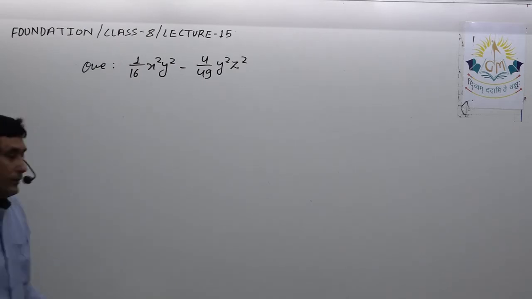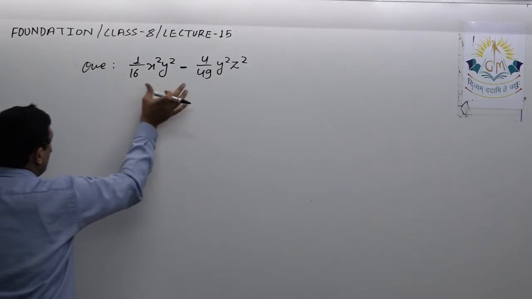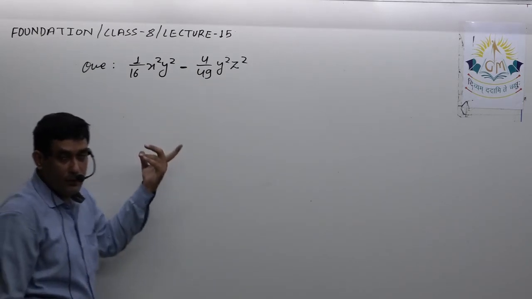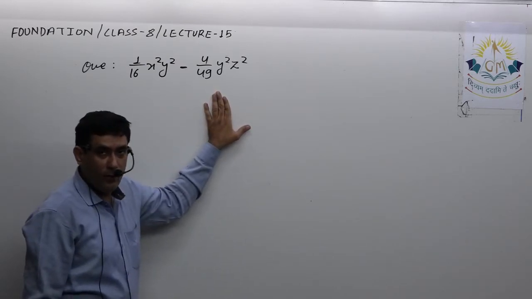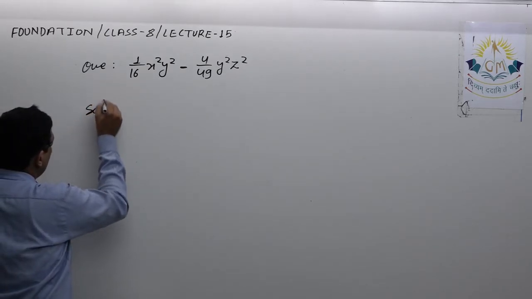So again, the very first thing that should come to your mind is that the minus sign is there, a binomial is there, two terms are there. Now both terms we can write in the form of exact squares. So we'll start with that only.